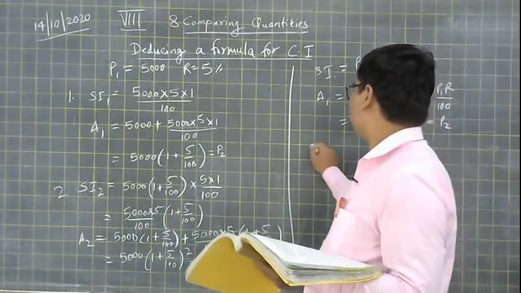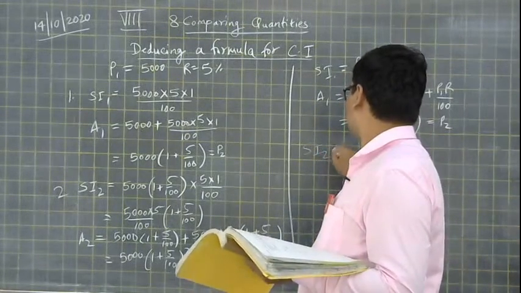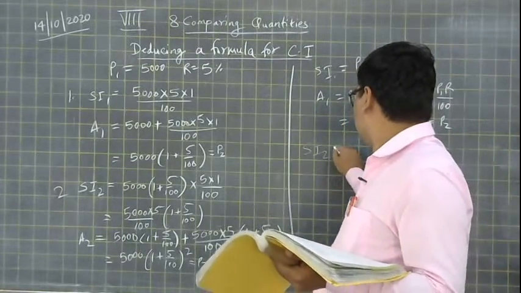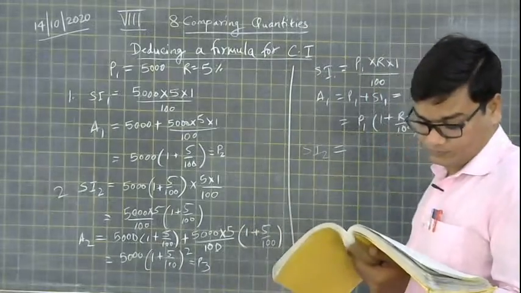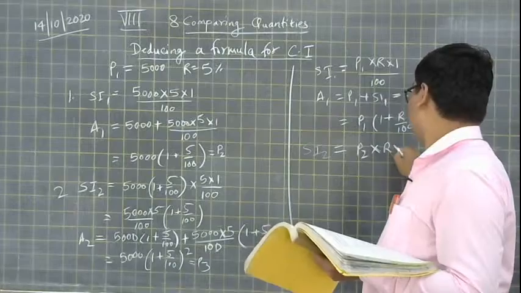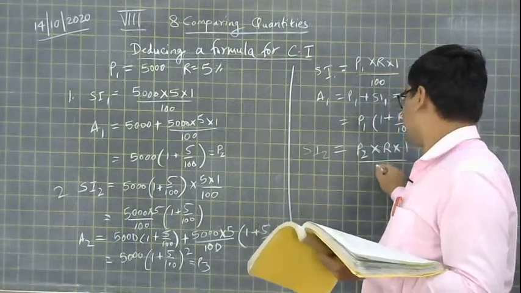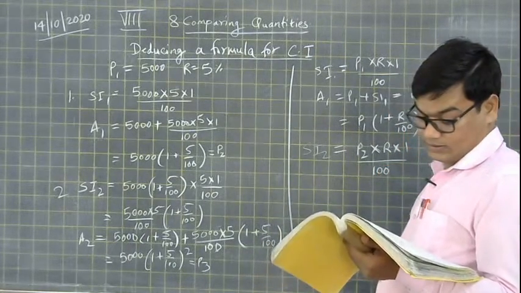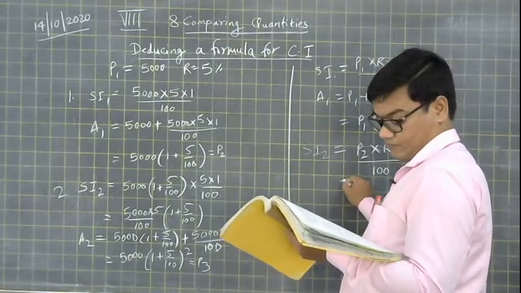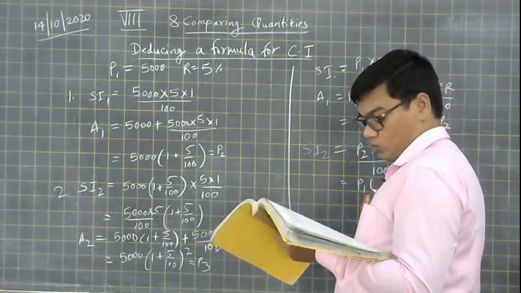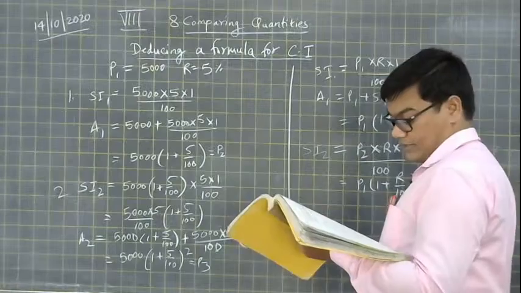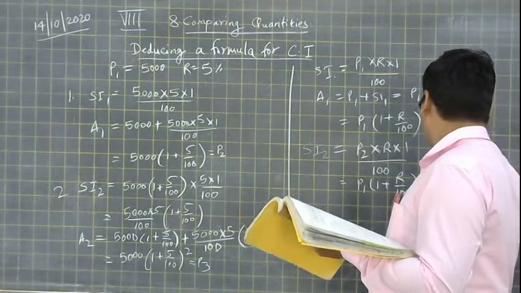Now SI2 is P2 into R into 1 upon 100. So we can substitute P2, which is P1 into 1 plus R upon 100, into R upon 100.